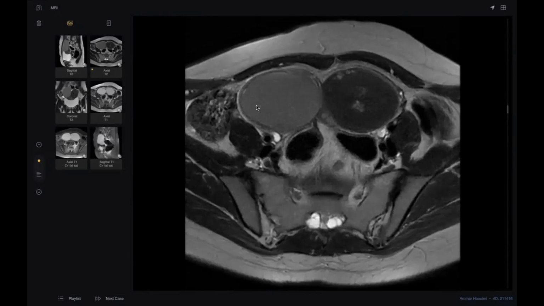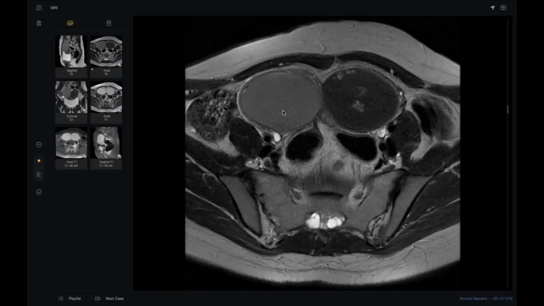I'm looking for the shading. The right side has a shading-like appearance, with intermediate gradation of the intensity. That suggests different stages of bleeding within the cyst, which is a feature of an endometriotic cyst.